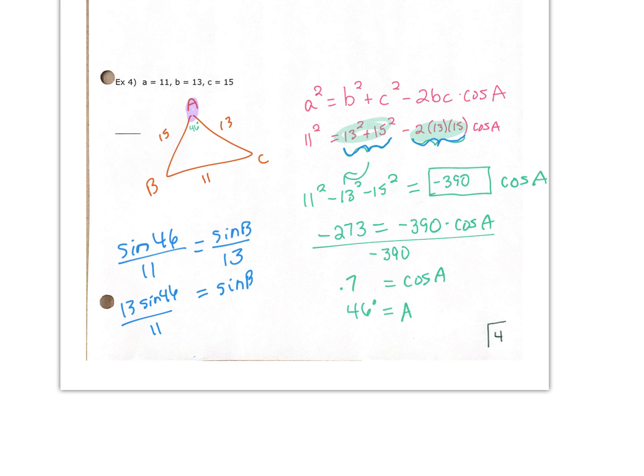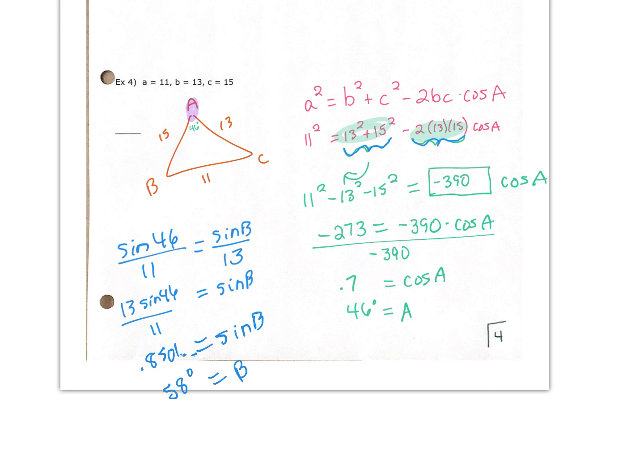So guys, what is this equal to? Sine of B, what's 13 times sine 46, all divided by 11? I need that decimal. 0.8501, more stuff. Then we get angle B, which is equal to 58. Okay, 58 degrees.